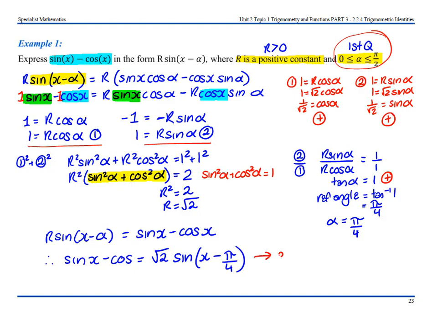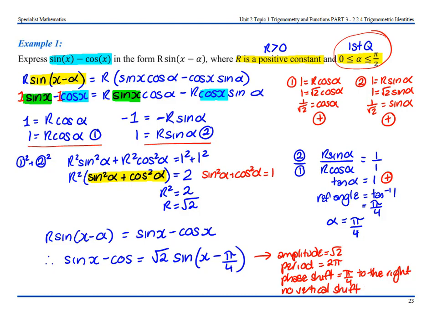So just to summarize that, my amplitude would be root 2. My period is 2 pi on d, and there is no d, so it's 2 pi. And my phase shift equals pi on 4 to the right. And I said there's no vertical shift. So you can see how this helps.